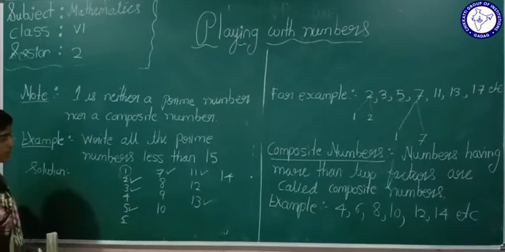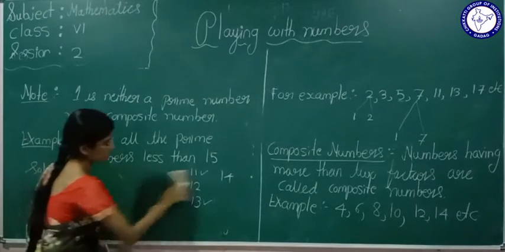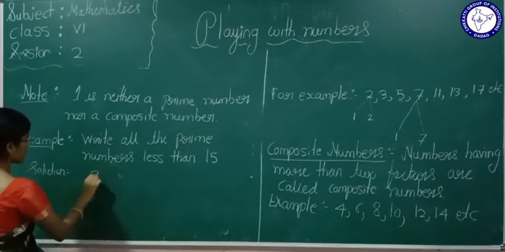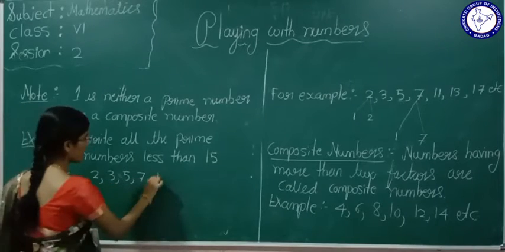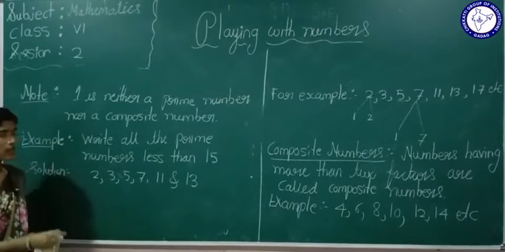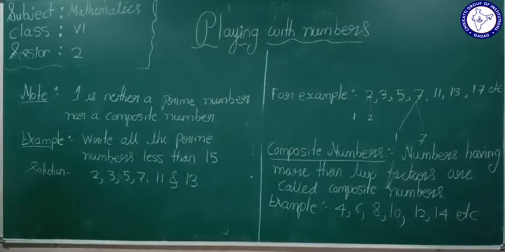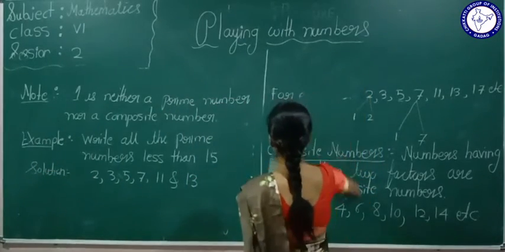So what can we tell? 2, 3, 5, 7, 11, 13 are the prime numbers less than 15. Then next we will see what even numbers are.